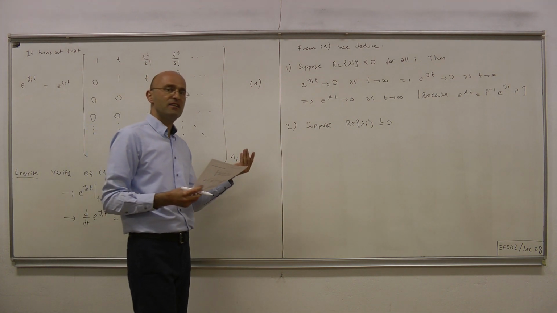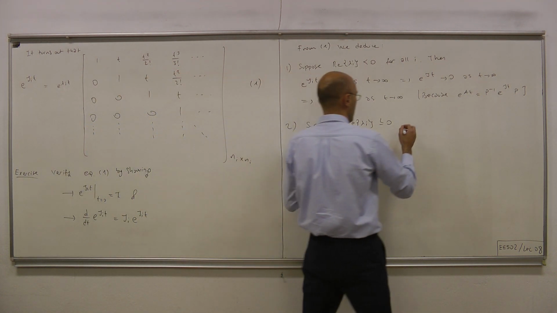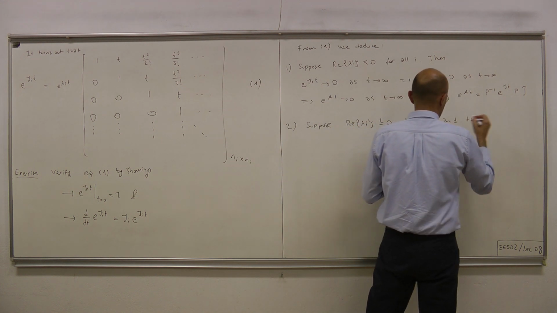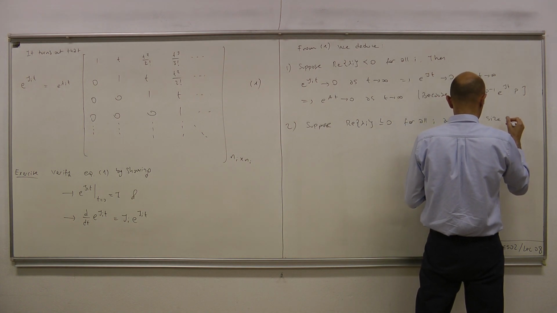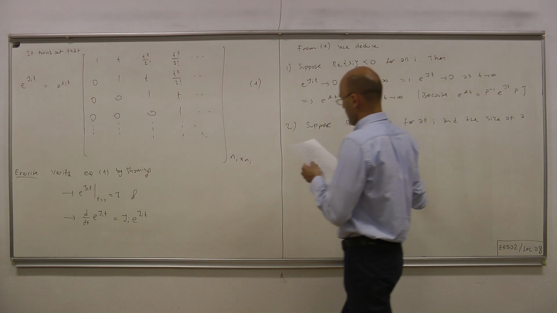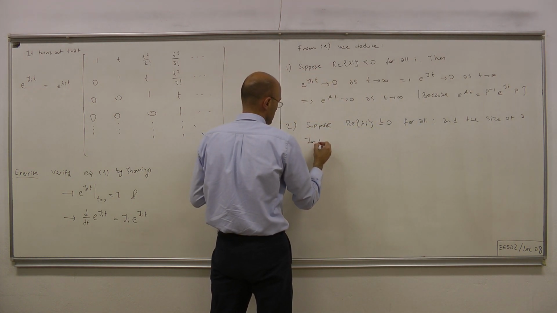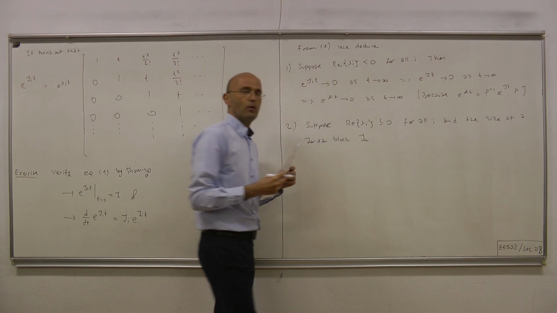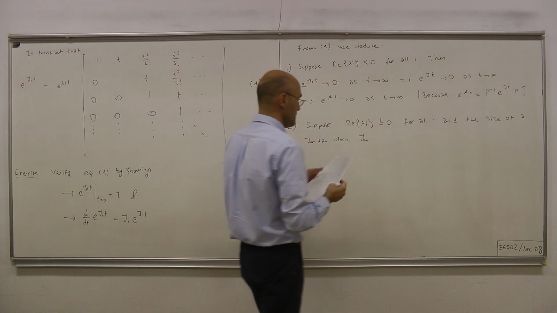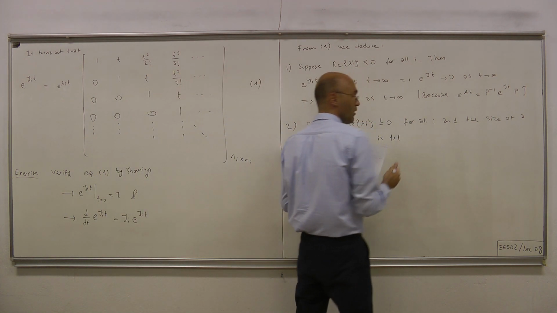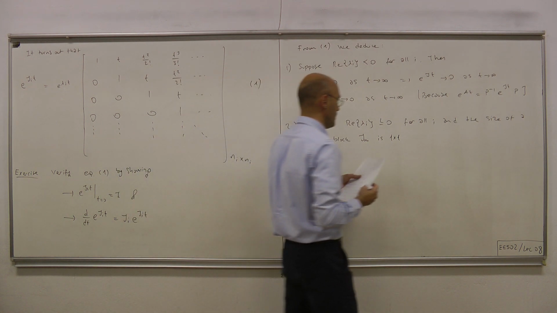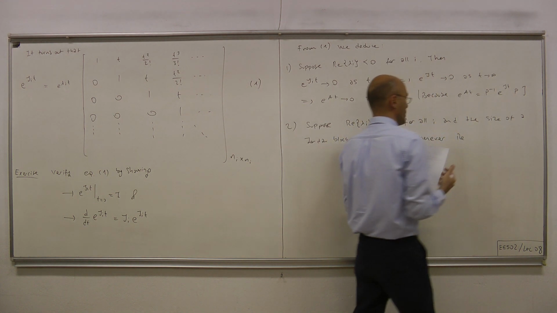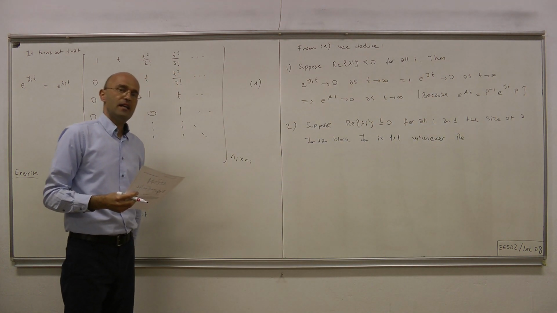Okay, they are either negative or 0 for all i, and the size of the Jordan block J_n is 1 by 1 whenever the corresponding eigenvalue is on the imaginary axis.